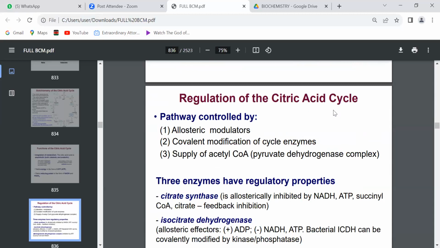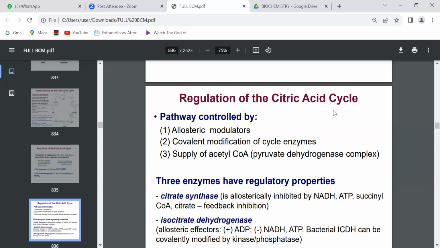For the regulation of the TCA cycle, we have allosteric modulators, covalent modifications, and the supply of acetyl-CoA. Also, some of the components in the TCA cycle will, through a feedback mechanism, either inhibit or activate the cycle as part of the regulation process.